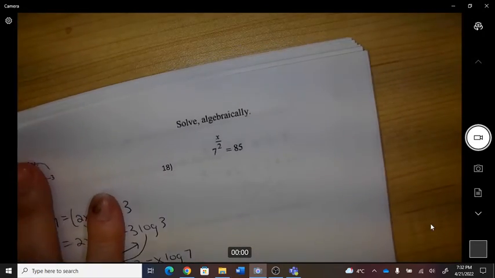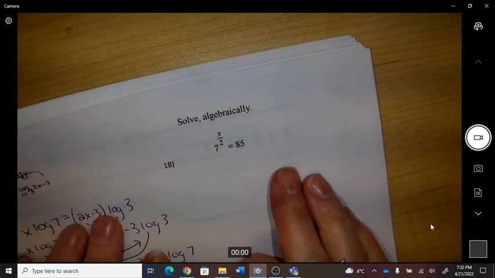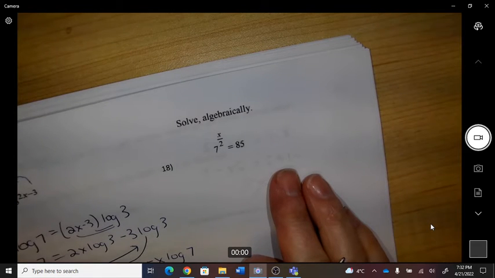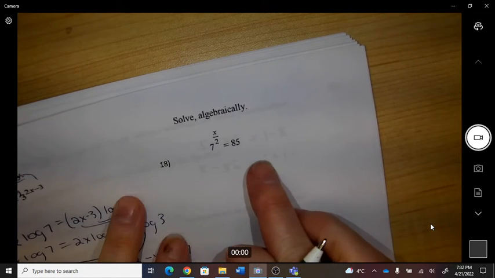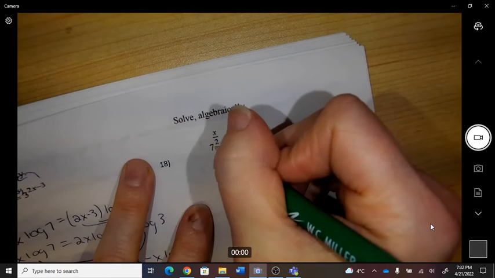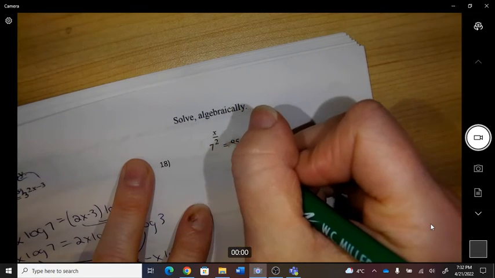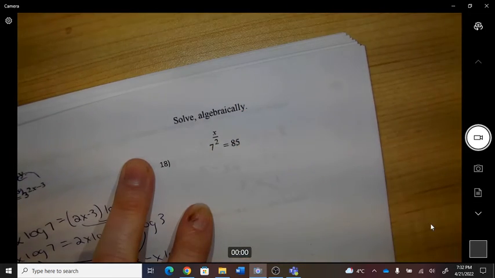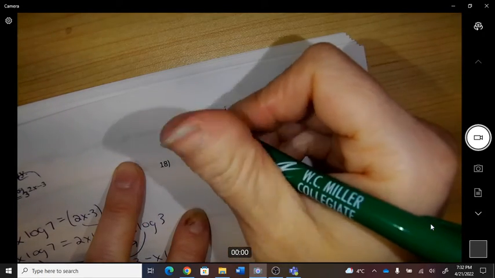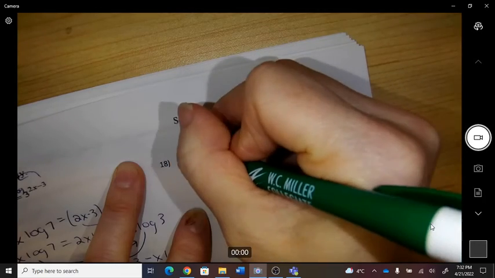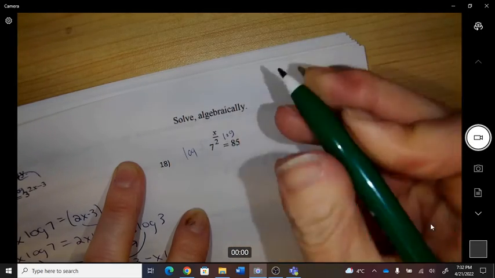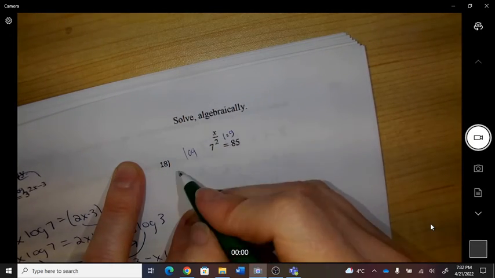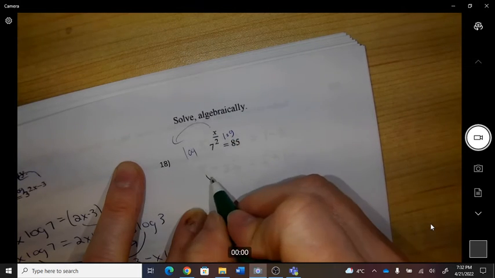Okay, solve algebraically for number 18. So this is exponents. So I'm going to write it in log. I'm going to log both sides. Okay, so when I do that, this will move to the front.